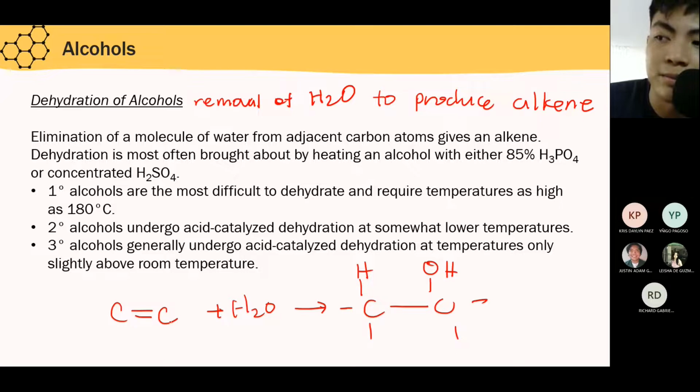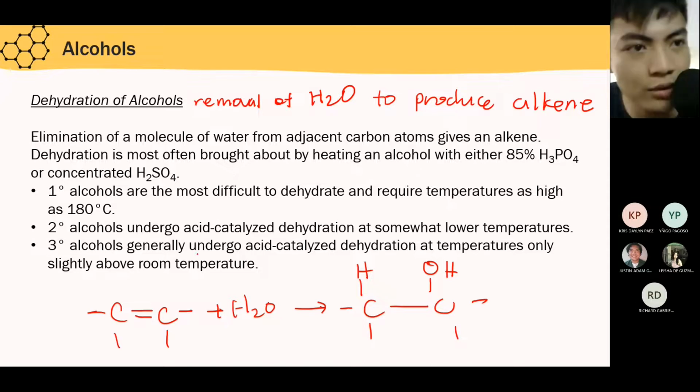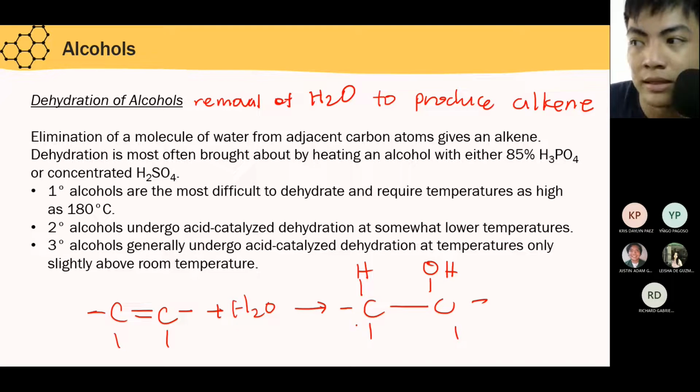Ayan, naalala nyo pa ba siya? Ayan yun. If you have an alkene, ito yon, double bond. Pag nilagyan mo ng tubig, magiging alcohol siya. Pero, ito naman, kabaliktaran. You begin with an alcohol, i-dehydrate mo siya para maging alkene. So, ito yung kabaliktaran na reaction.